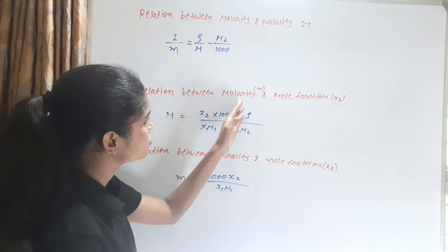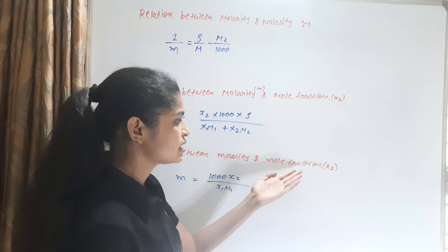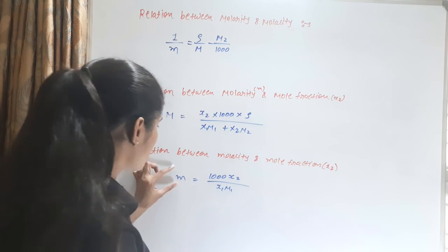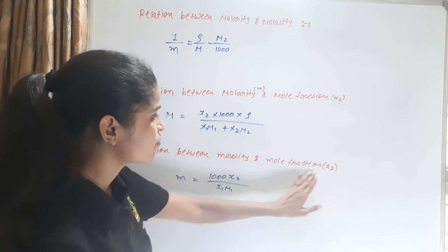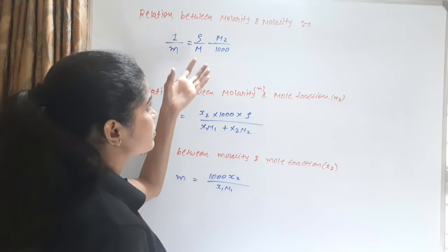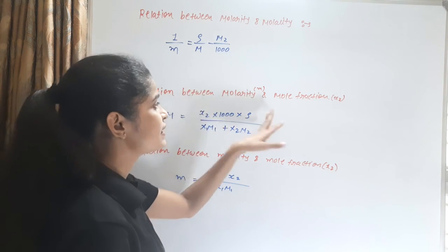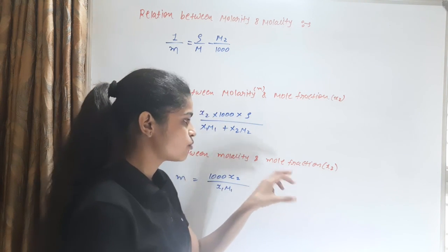Next, the relationship between molality and mole fraction: molality m equals x2 times 1000 upon x1 and m. That way we find the different relationships between molarity and mole fraction, and molality and mole fraction.